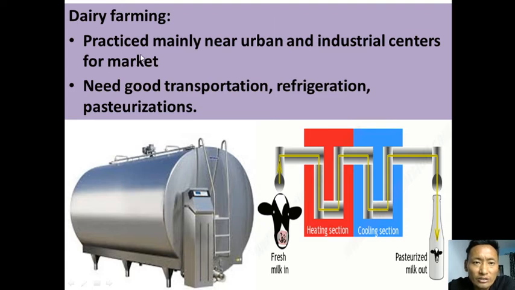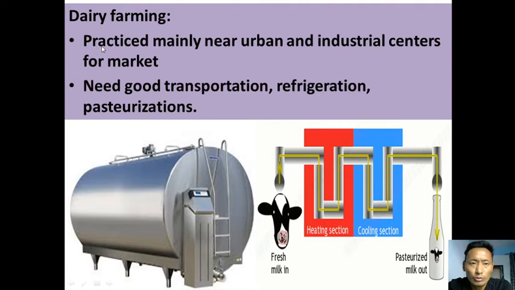If we study the characteristics of dairy farming, most dairy farms are located near urban and industrial centers. Industrial centers means dairy-based industries. Dairy-based industry means chocolates, butter, ice creams; such types of industries are called dairy-based industries.